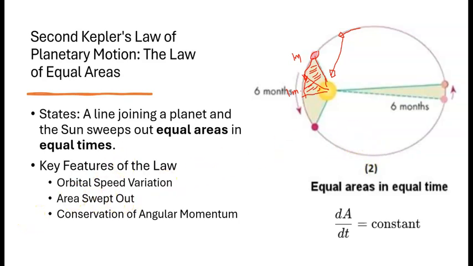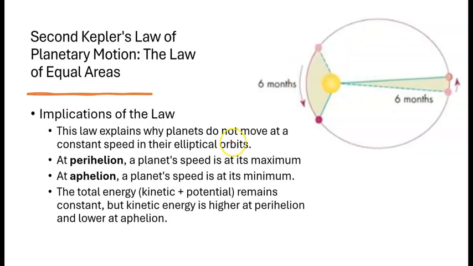This is the key feature of the second law. This law explains why the planets do not move at constant speed along their orbit around the sun.